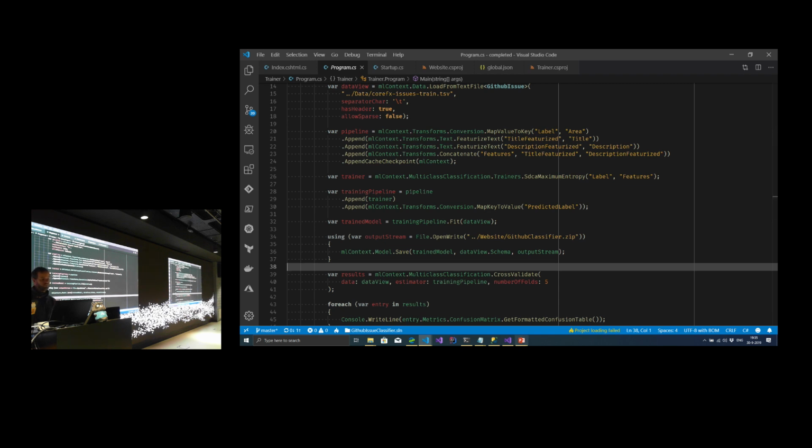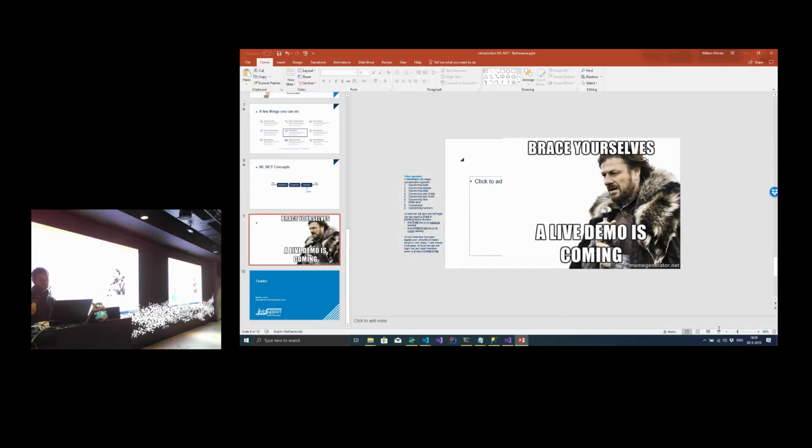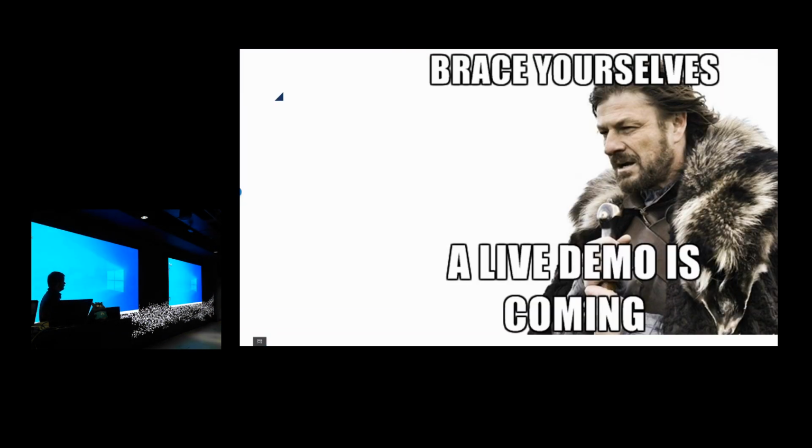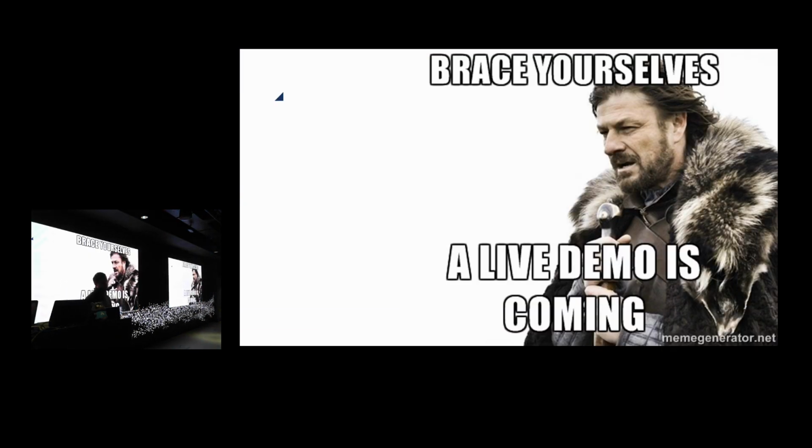Yes? Is it also possible to do the same in Azure DevOps? Or do you have experience with Azure DevOps? It depends on what you're thinking of in that case. So doing the same solution, like this kind of pipeline, in Azure DevOps instead of in Visual Studio Code. Yeah, you can do that. So, well, you have to build your C# program in Visual Studio Code or in Visual Studio and compile it, and then you can run it on your build server if you want to, and save the model file as an artifact that comes out of that.